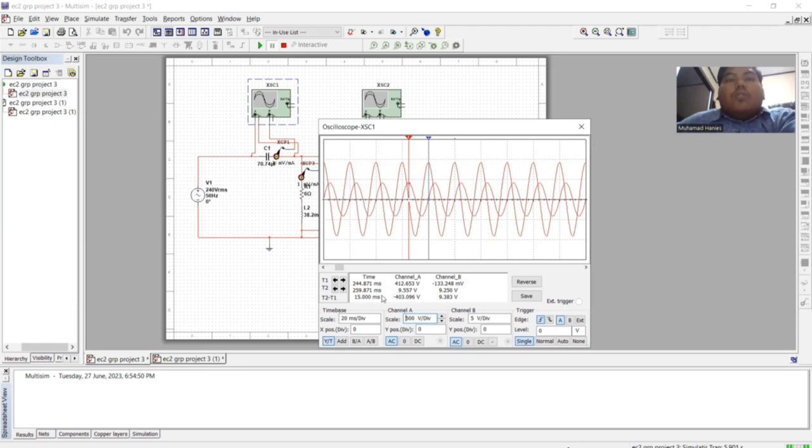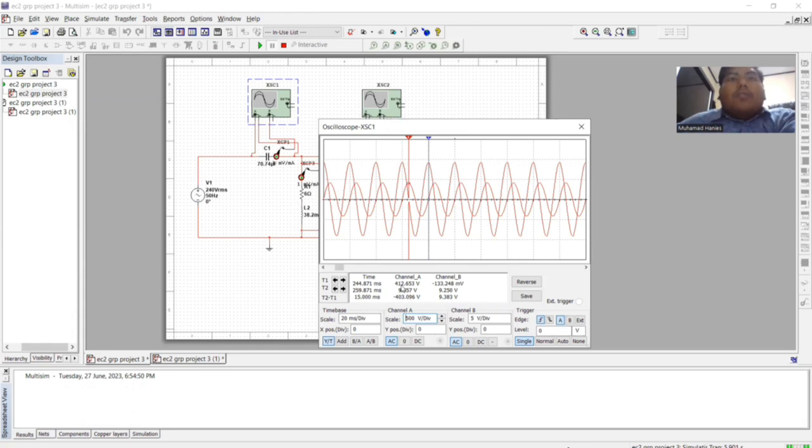So we will get the value for V peak for XC is 412.653 voltage, and the current on the channel B, we will get 9.250 with a time delay 15 millisecond.